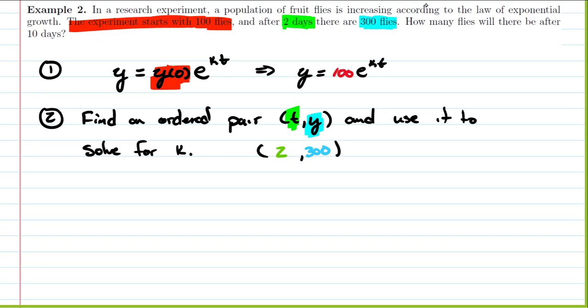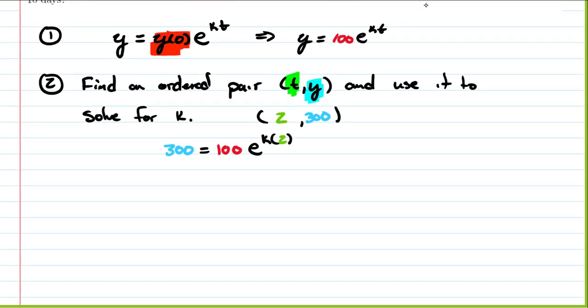So our y value is 300, so we get the equation 300 is equal to 100 times e to the k, which we don't know, times our time, which is 2. And we need to solve this equation for k. So this is an exponential equation, so we need to get the exponential by itself. We divide both sides of the equation by 100, and that gives us 3 equals e to the 2k.